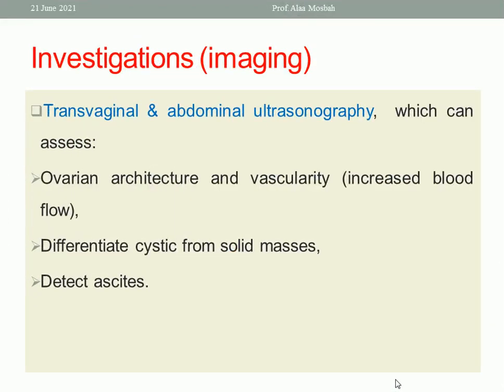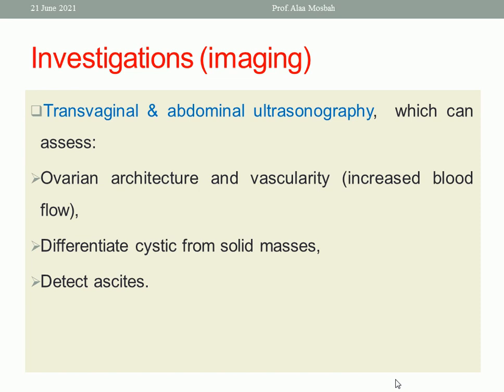The imaging for diagnosis of ovarian cancer includes first transvaginal and abdominal ultrasonography, which can differentiate different types of ovarian mass, either benign or malignant, with criteria of malignancy like solid mass, partially cystic or partially solid mass, surface papillae, and multilocular, bilateral, fixed, associated with ascites, associated with enlarged lymph nodes.